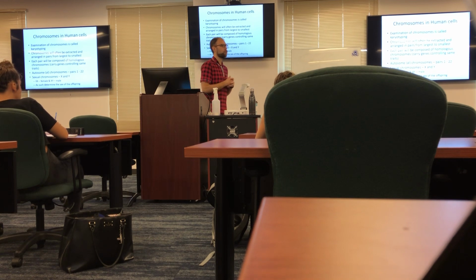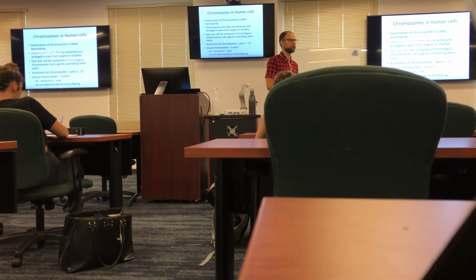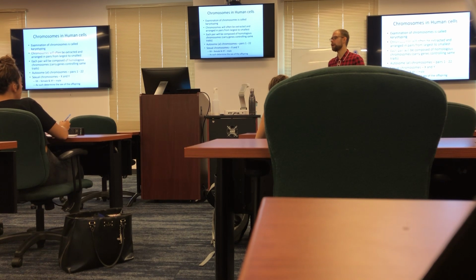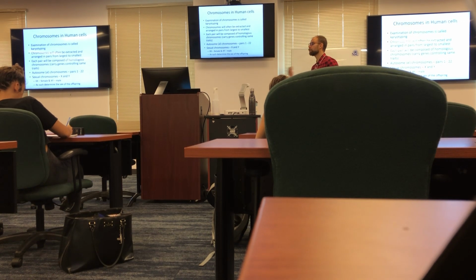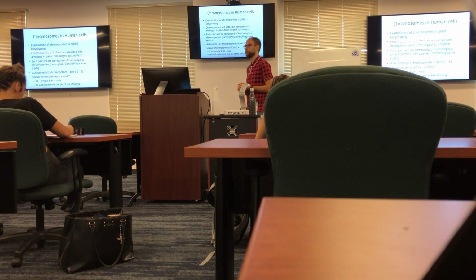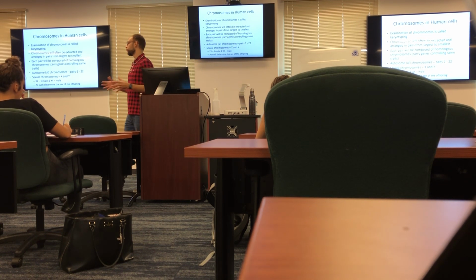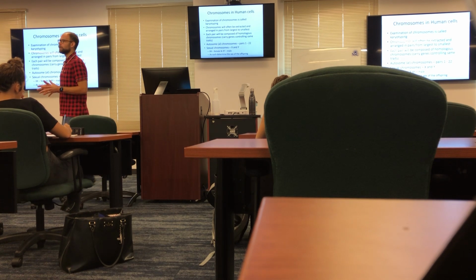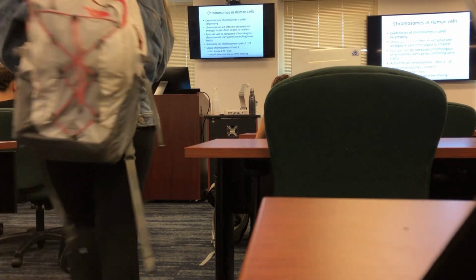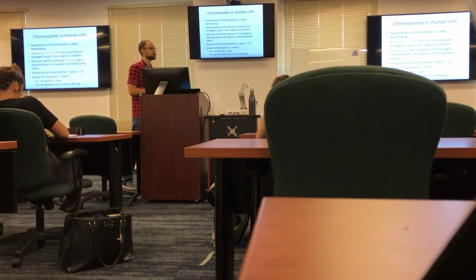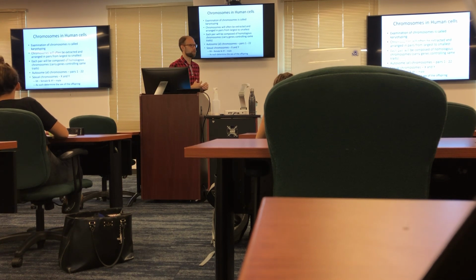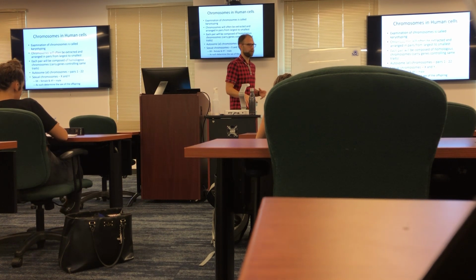So for us, we have a total of 46 chromosomes. We get 23 of these from mom, and we get 23 of these from dad. Chromosomes 1 through 22 are non-sexual chromosomes. These are what we call autosomes, or autosomal chromosomes.